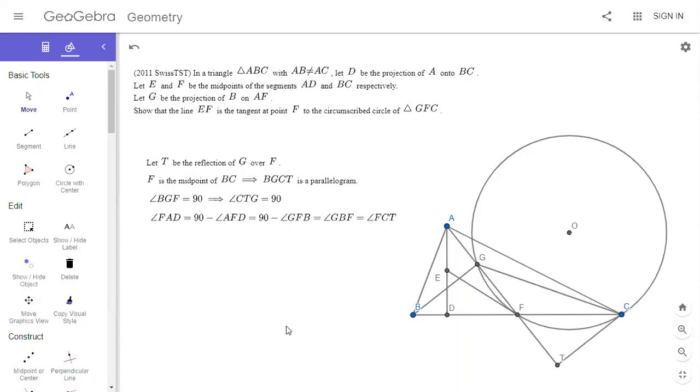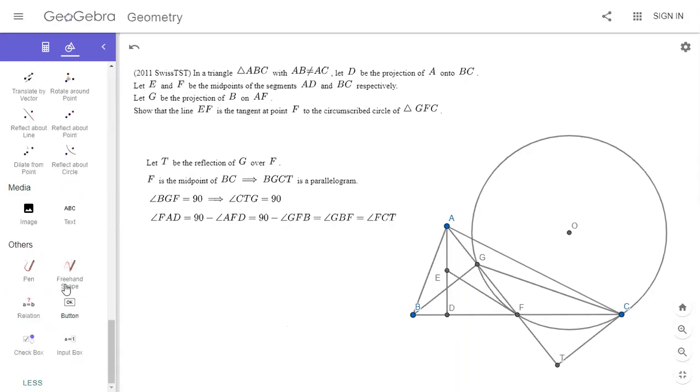Okay, now I think I might. Well, if we can show angle TFC, is angle AFD equal to angle FED? Now I'm getting really confused. That doesn't seem like it should always be true.